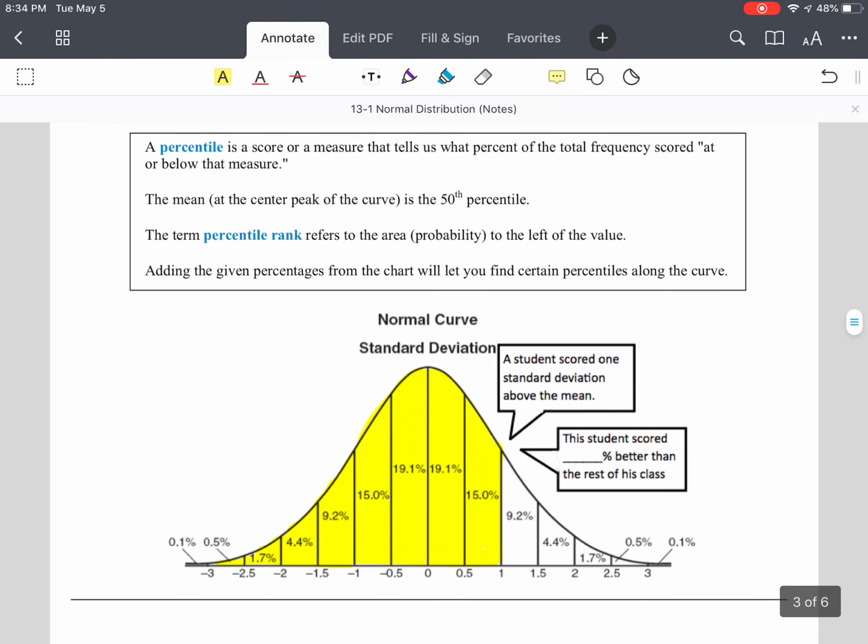Okay. So percentile is something that goes hand in hand with this normal curve. It's a score that tells us what percent of the total people, whatever we're talking about, scored at or below that measure. So the mean is at the 50th percentile.